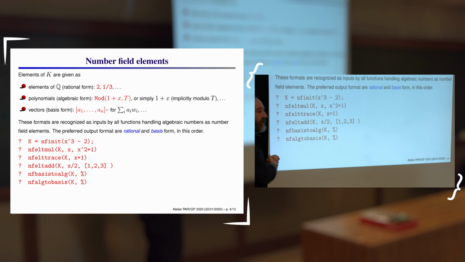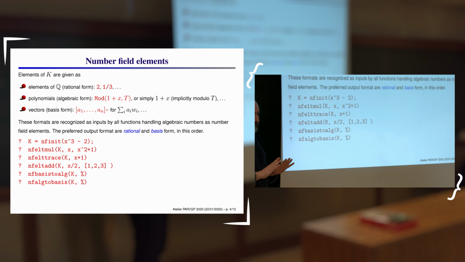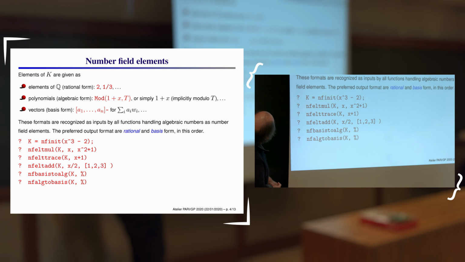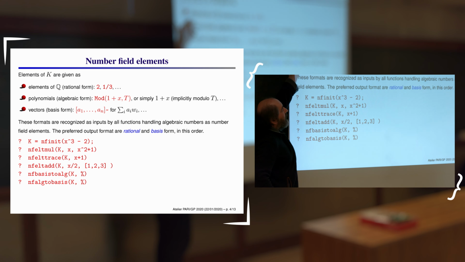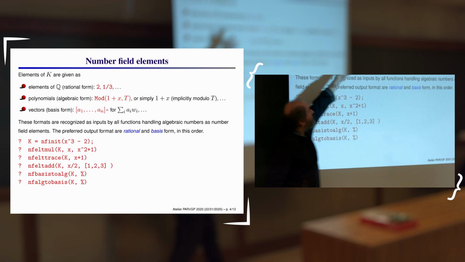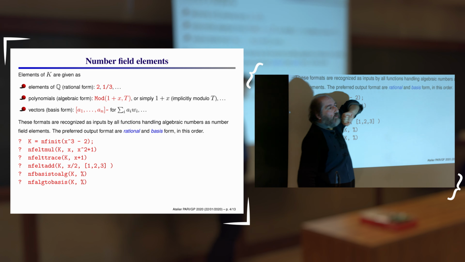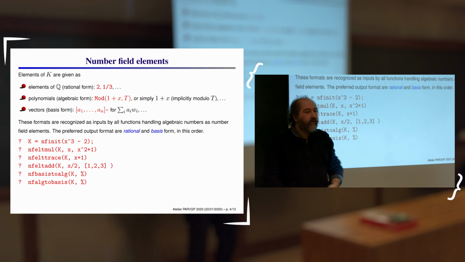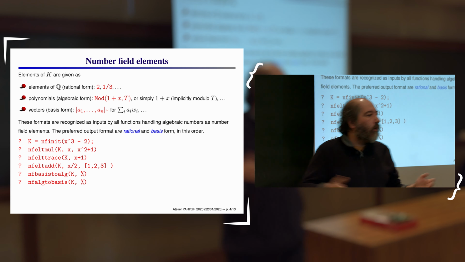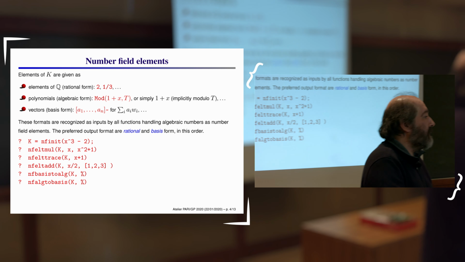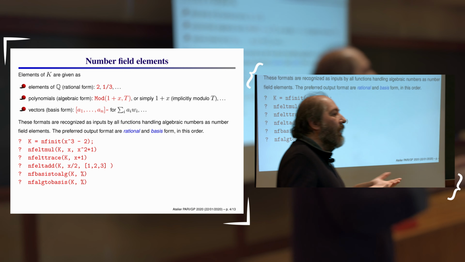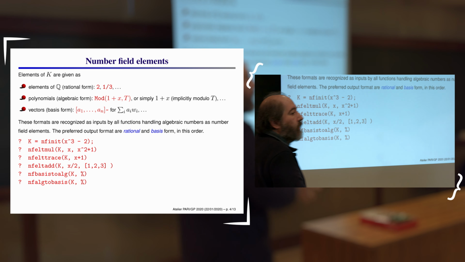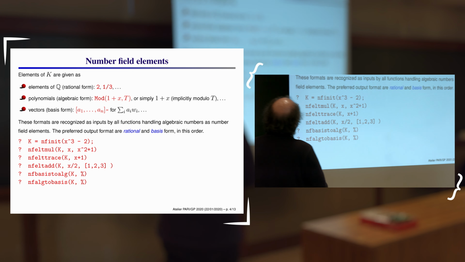Right now, I'm handling just elements in the field. They can be given as rational numbers or integers, just as you would input them normally. So 2 or 1/3 are actually members of all the number fields. They will be recognized as elements of arbitrary number fields, since they belong to the prime field.